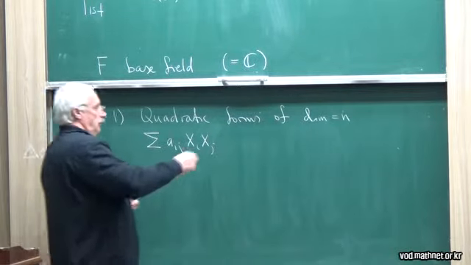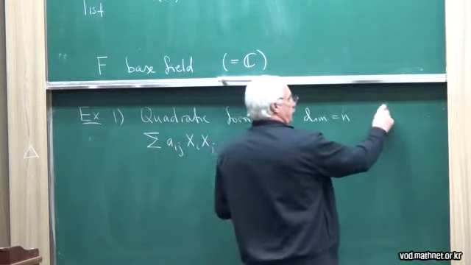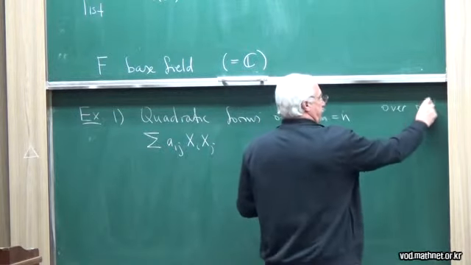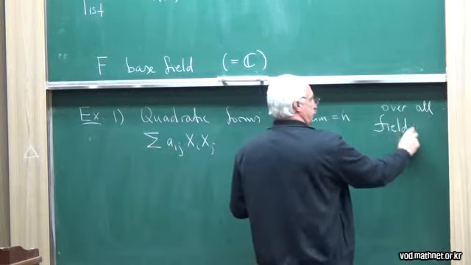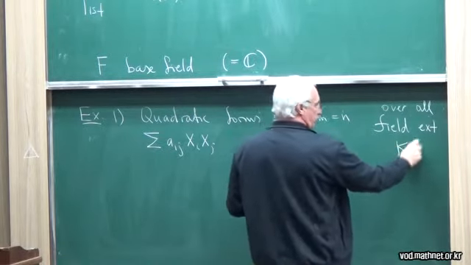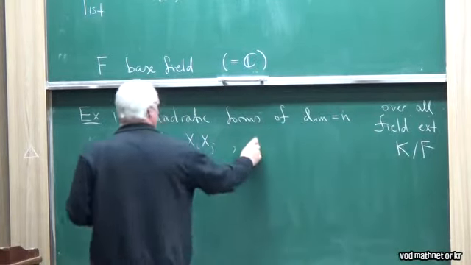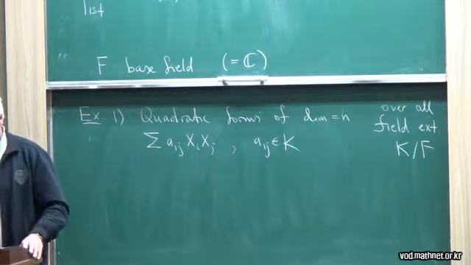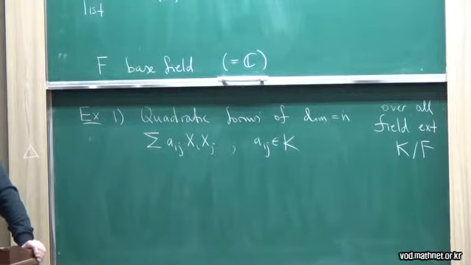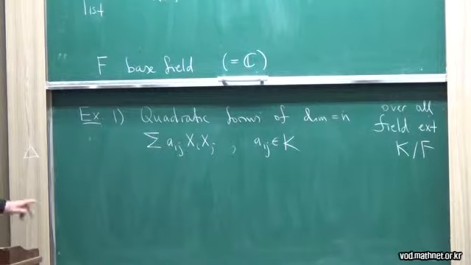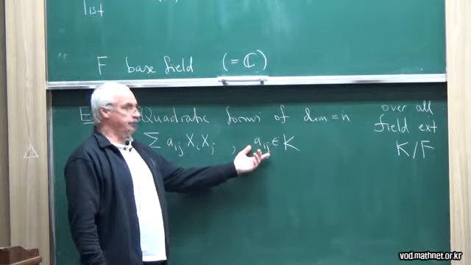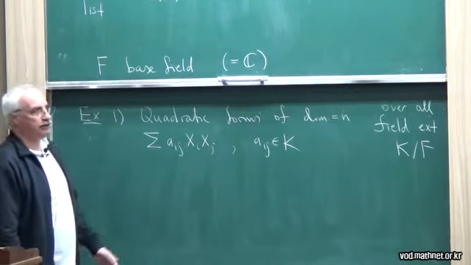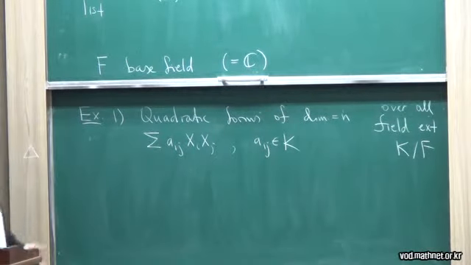So we look at quadratic forms over all field extensions, say K over F. So the coefficients are in K. And how many coefficients can we take? It's sufficient to take n squared coefficients, but we also know that we can make them symmetric. So roughly n squared over 2. Can we improve this number?